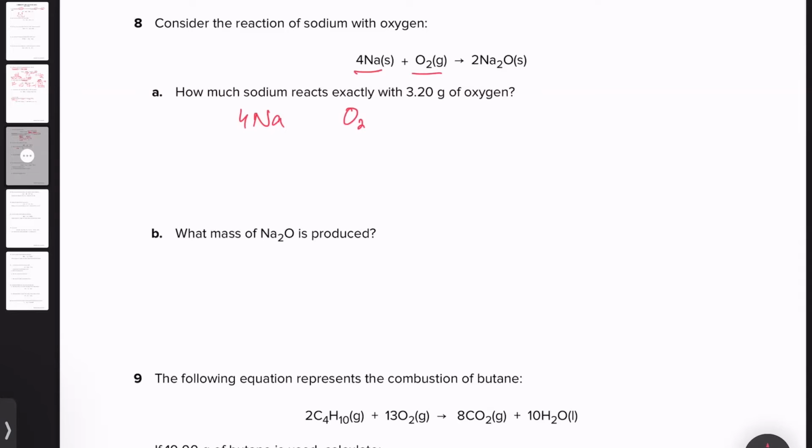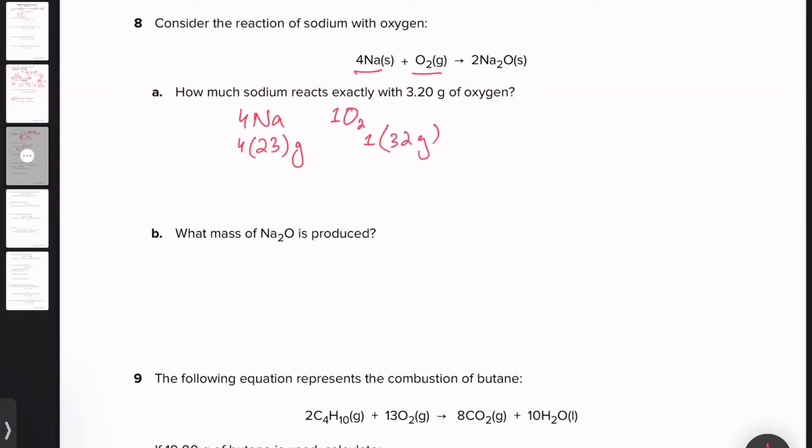Okay. So this is telling me 4 mole sodium reacts with 1 mole oxygen. Okay. What is the mass of 4 mole? 4 times 23. Just put the value of 1 mole. That's the thing. In the first line, you're copying from the equation. In the second line, you're putting the value of 1 mole. What is 1 mole of oxygen? It is 32 grams.